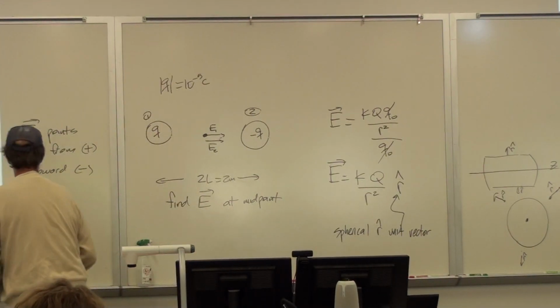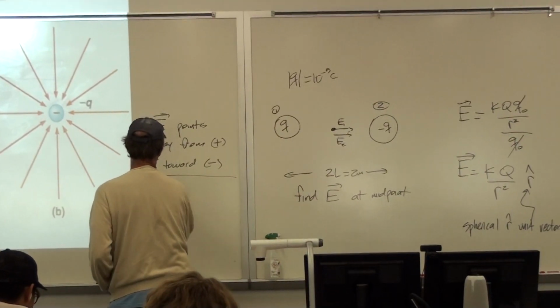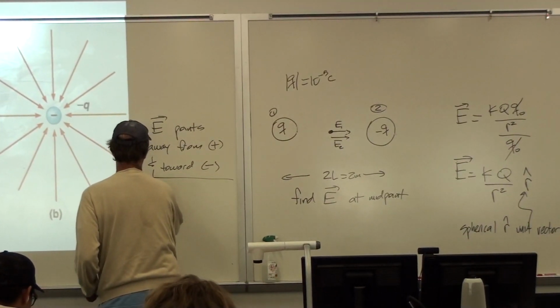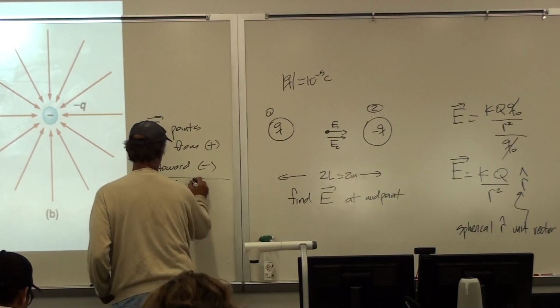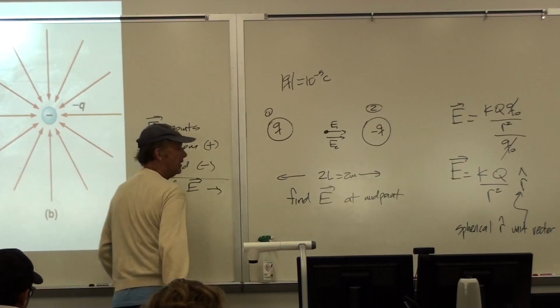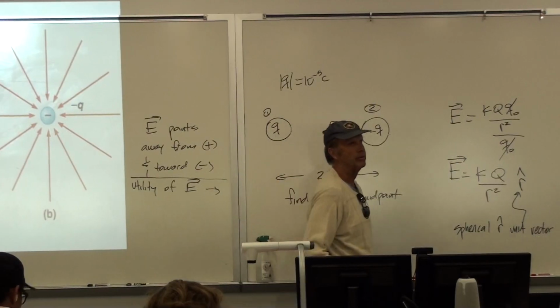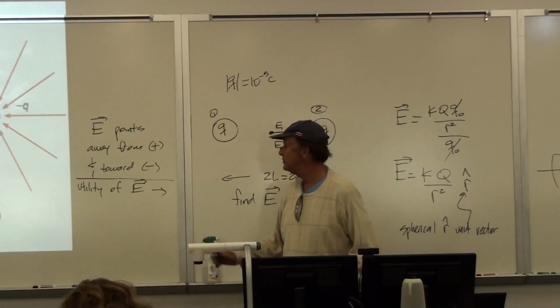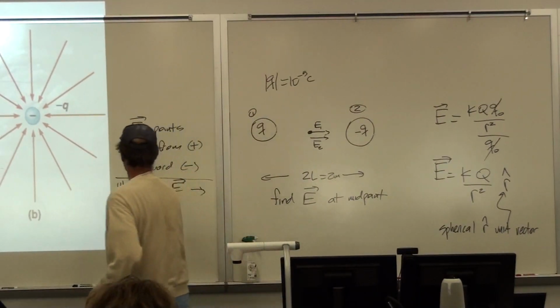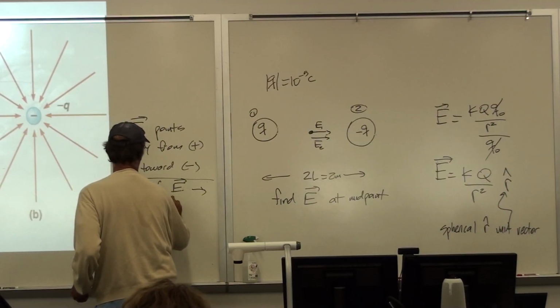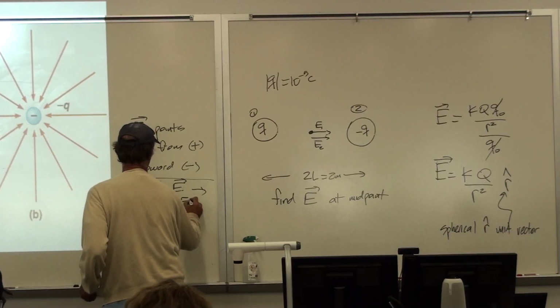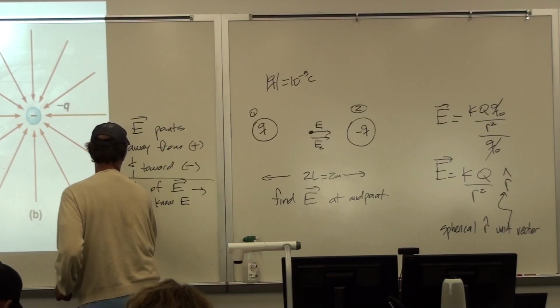So that's the utility of this. That's why we're going through all of this. Of course, there mathematically are many other super important reasons for doing this too. But the utility of E is once we know E, then we can find the force.